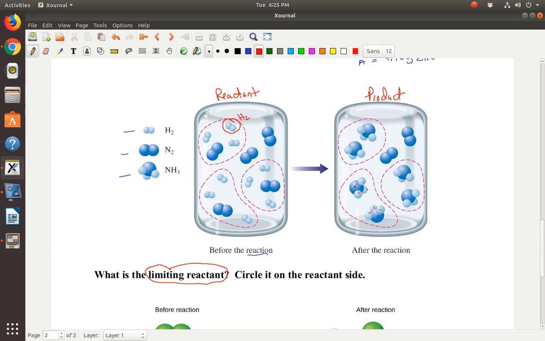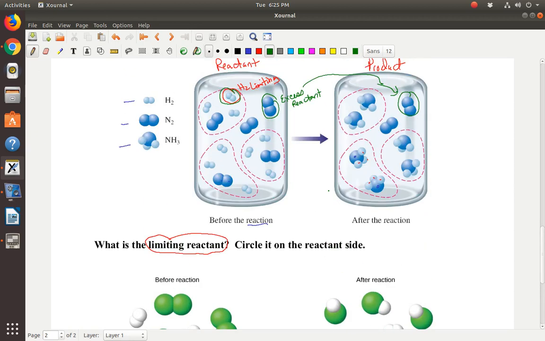On this side, there's no more hydrogens to react. That's the limiting reactant. So what does that make these? Those are the extras. So that's my excess reactant. I have some left over that never get used. I use all my hydrogens, but I have some unused nitrogens.